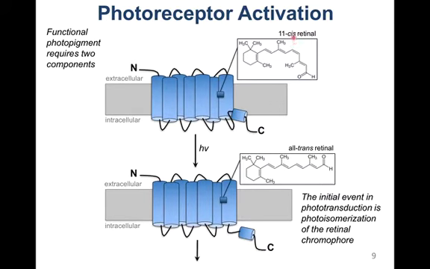So 11-cis retinol will absorb a photon of light, which will convert it or photoisomerize it from 11-cis to all-trans retinol. And without going into too much chemistry here, hopefully you can appreciate that this structure is kinked, it's bent, and the all-trans structure is straightened out.